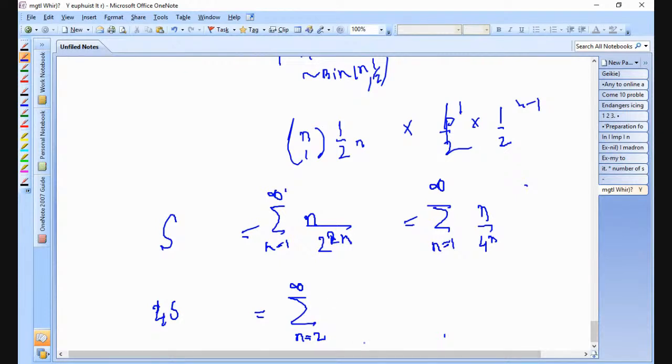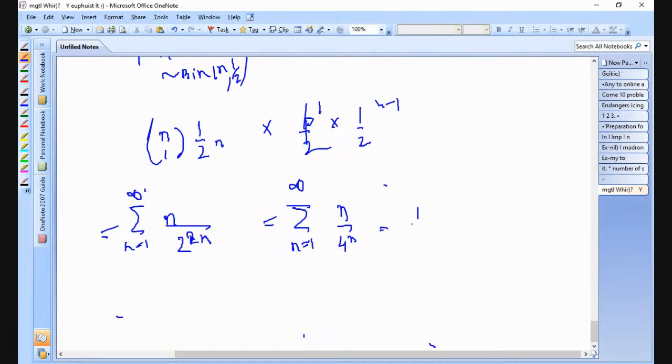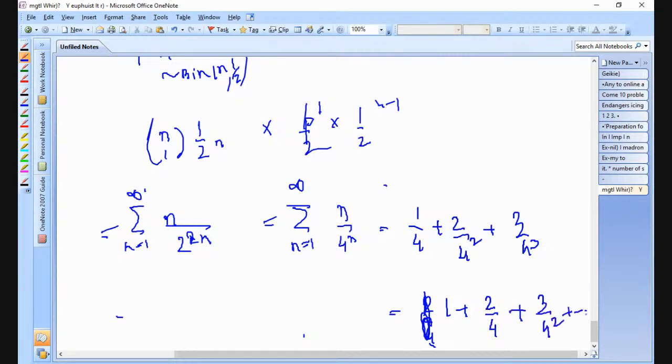Let me write it in a normal format. So S is 1 by 4 plus 2 by 4 square plus 3 by 4 cube and so on, and 4S comes out to be 1 plus 2 by 4 plus 3 by 4 square and so on.